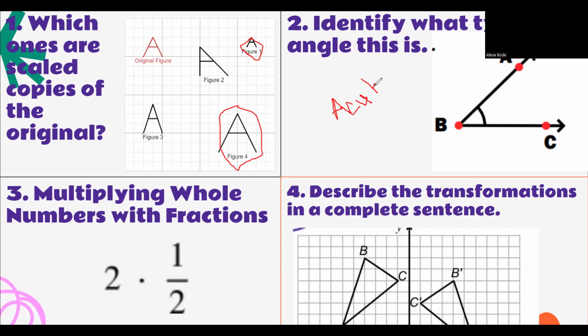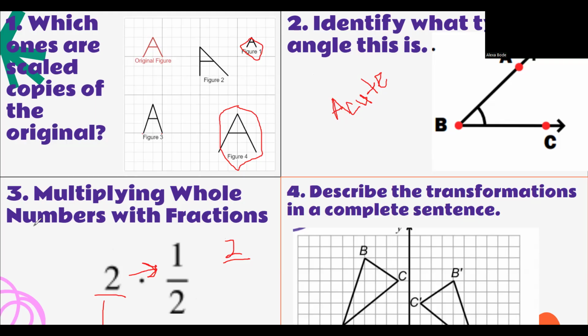Okay, number 3. The goal on number 3 this week is to multiply whole numbers with fractions. So whenever you're multiplying a whole number and a fraction, all you have to do is multiply by that top number. So 2 times 1 is 2, and then the bottom number stays the same because if I turned 2 into a fraction, it would be 2 over 1.